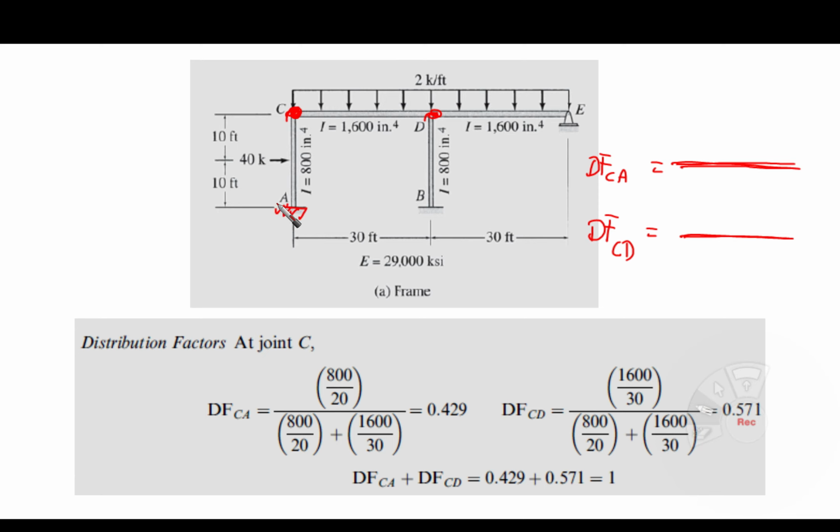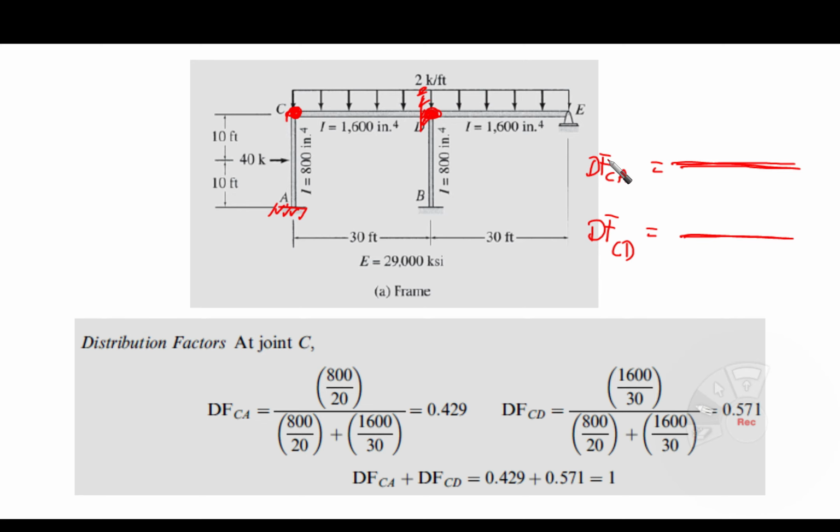Fixed, and also CD, the far end is what? Fixed. As we said many times, the joint here means that it is as if it is fixed. So we are going to use I over L to represent the relative stiffness. I here is 800 over L, which is 20.